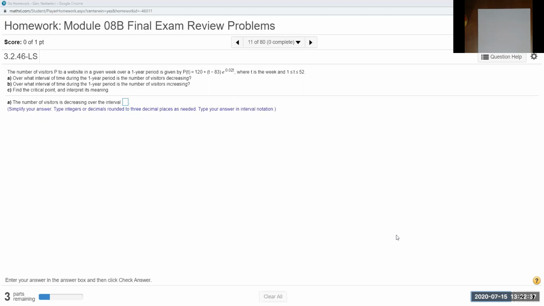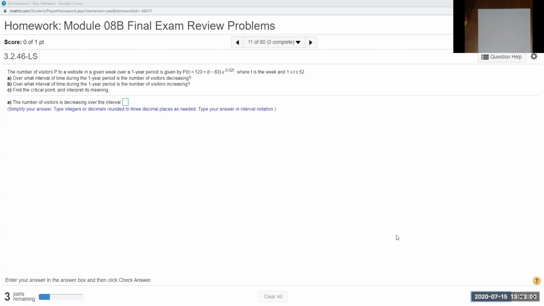The number of visitors P to a website in a given week over a 1 year period is given by this equation. Looks pretty messy. Where T is the week and T goes from 1 to 52. Then there are 3 questions.